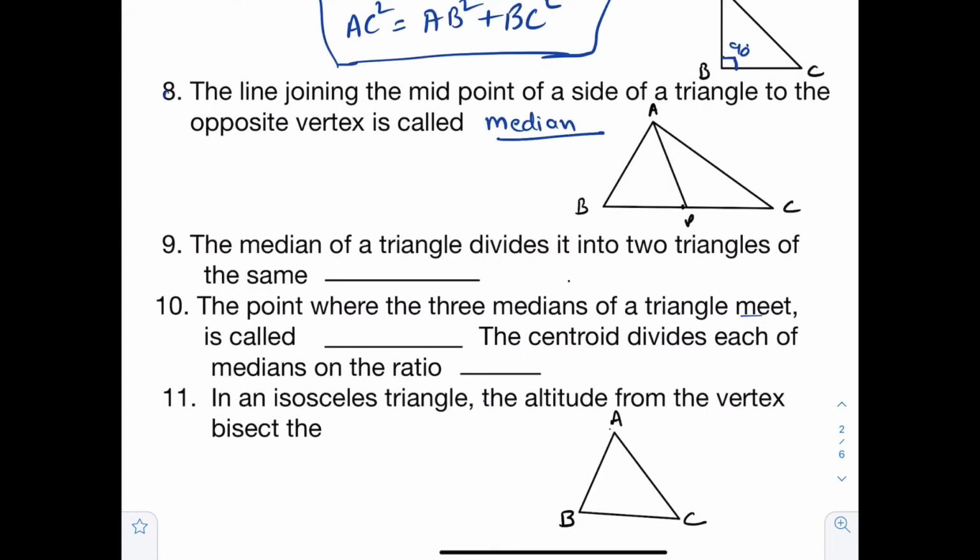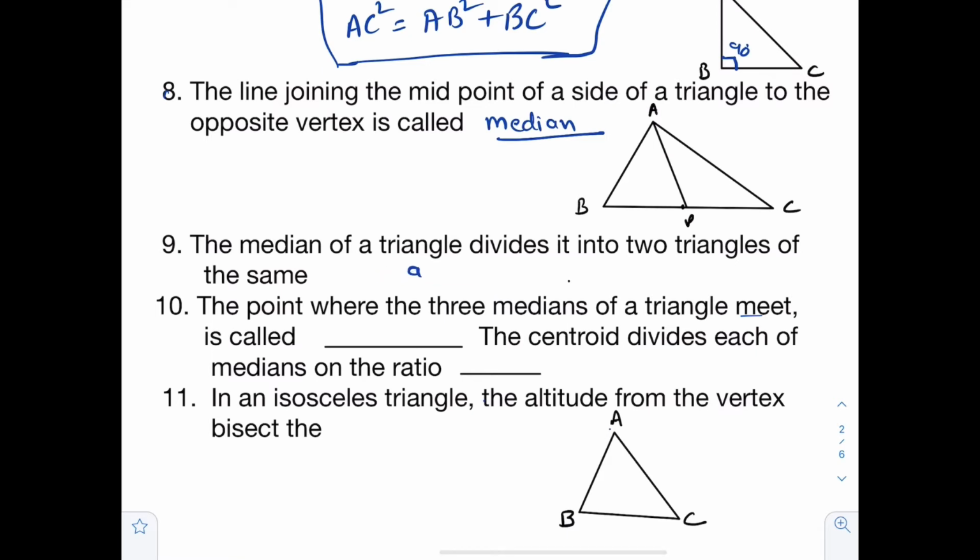Now ninth one. The median of a triangle divides it into two triangles of the same area. So area of ABP is equal to area of triangle APC.